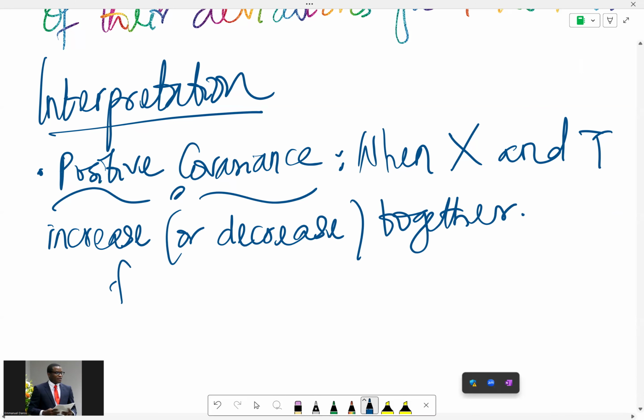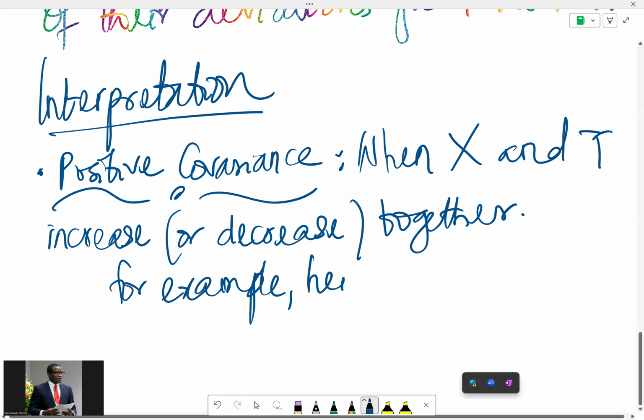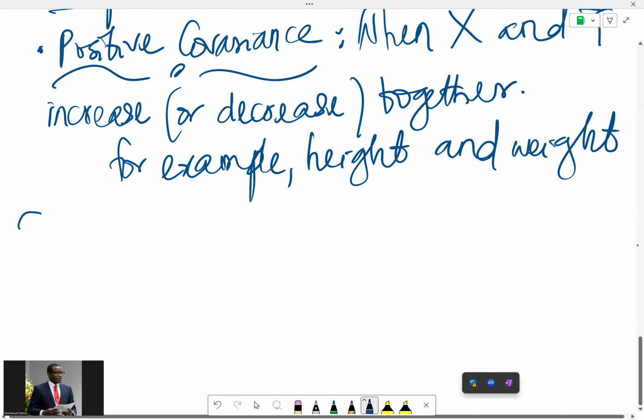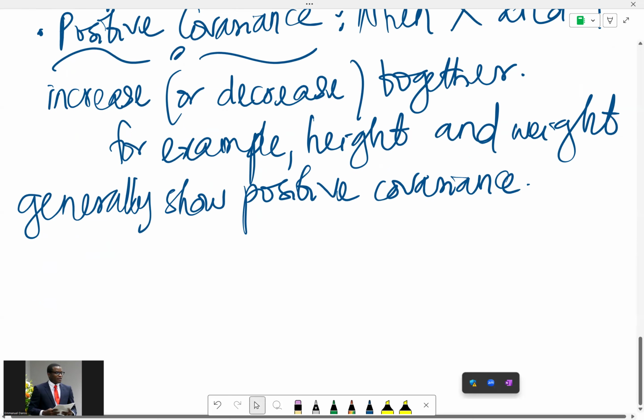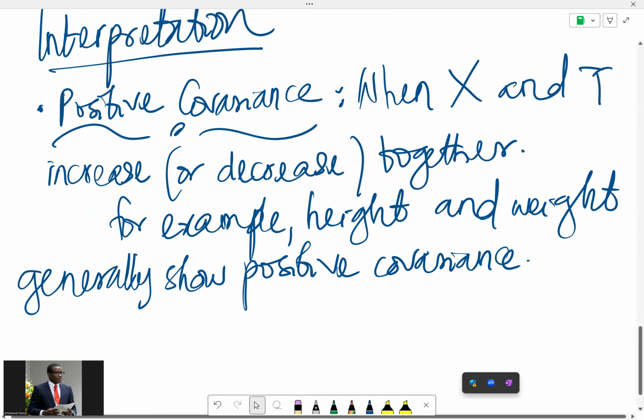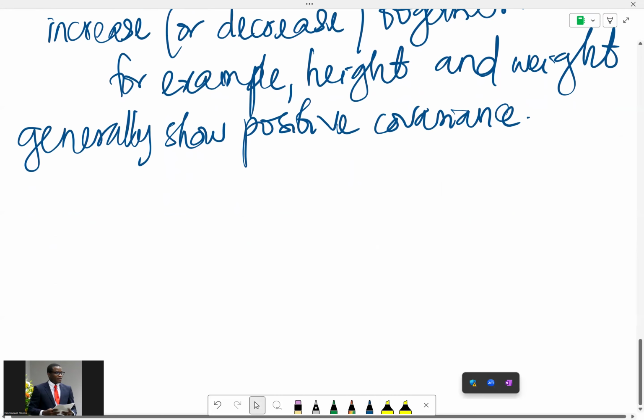For example, height and weight generally show positive covariance. Of course, this is logical: the taller a person is, the heavier the person would be, because of at least the bone mass.